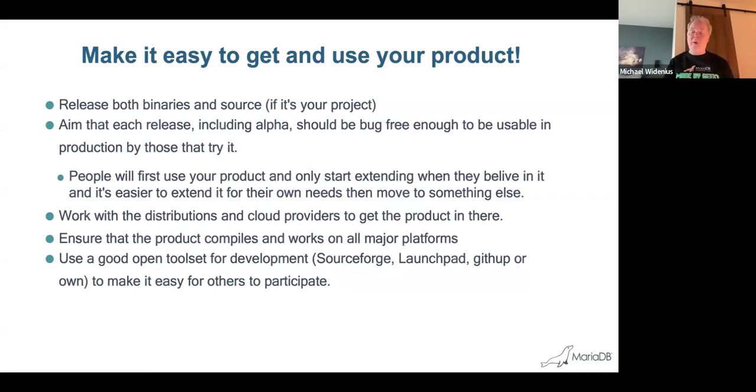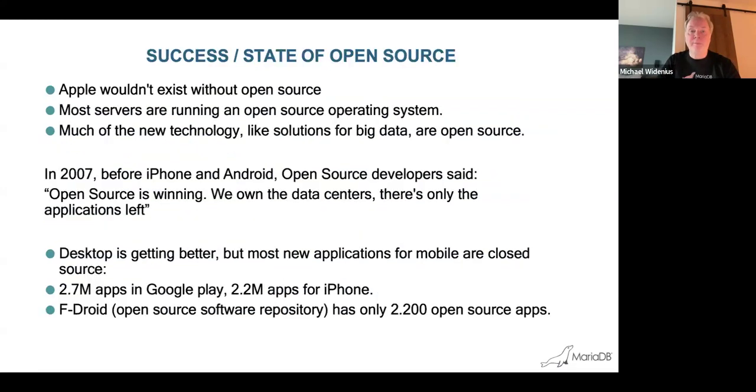Then when you get some popularity, you need to work with all the different Linux and OS distributions to get your product in there, because that's the way you get lots of users. And of course, it needs to work on all platforms, which is probably one of the hardest things with a new project. But if you have lots of people helping you, that usually is not that hard. Next slide.